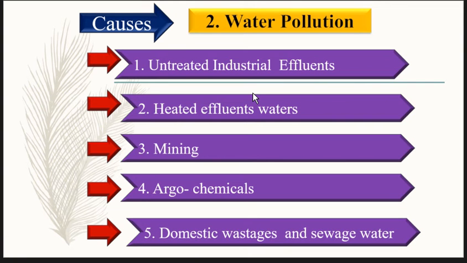Next is domestic waste and sewage water. It can pollute wells, tanks, rivers, dams and also marine waters with pathogens, nitrogen compounds and phosphates from degradants and body waste.